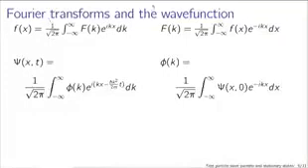But you can see the nice symmetry between these two equations. You have your 1 over root 2 pi in both equations. You have an integral from minus infinity to infinity in both equations. You have e to the ikx here, positive, and e to the minus ikx here, negative. That's the only difference. Then you have a function of k, integral dk, function of x, integral dx. Up to labeling x and k differently, the only difference between these two equations is the sign in the exponent.